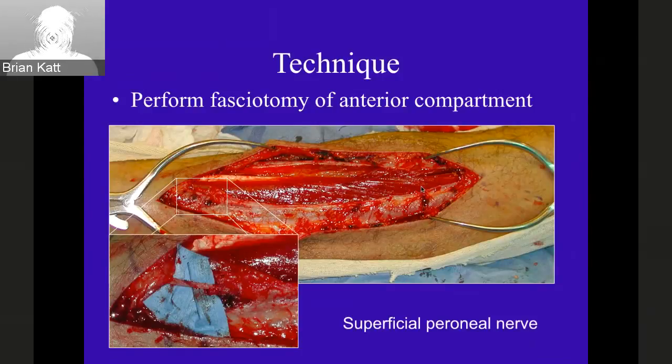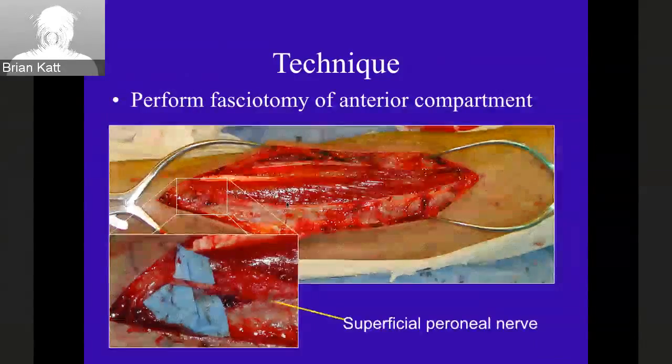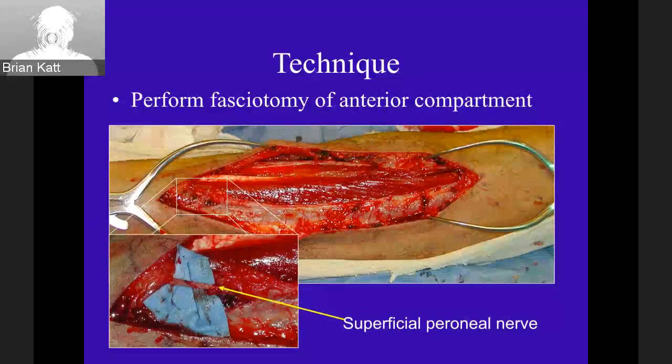So this is where you get in trouble with your small incision, and then you just run your scissors all the way down. You're going to bag that nerve. So it makes sense to open it up and then identify your superficial peroneal nerve. You can see that right here, and then you can release on either side of it and finish your anterior compartment release. And then there's just an example of the superficial peroneal nerve.